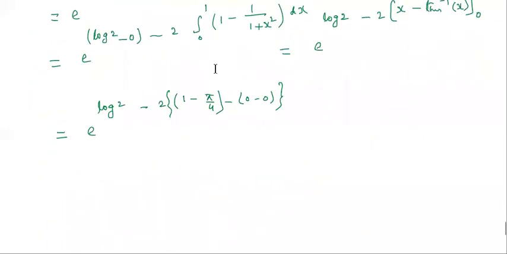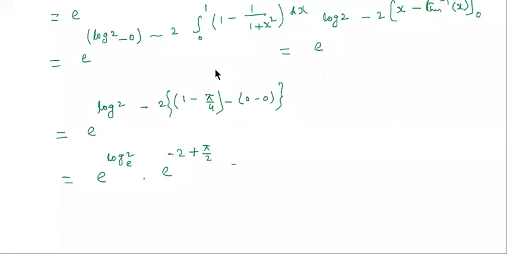So do one thing, separate this: e power log 2 to the base e into e power minus 2 into 1 minus pi by 4, minus into minus plus pi by 2.